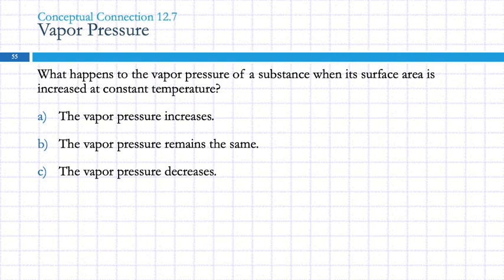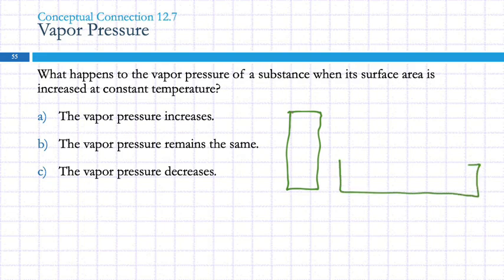So what happens to the vapor pressure of a substance when its surface area is increased at constant temperature? Well, let's say we had a tall, skinny container and a short, wide container, and they both have water in them.